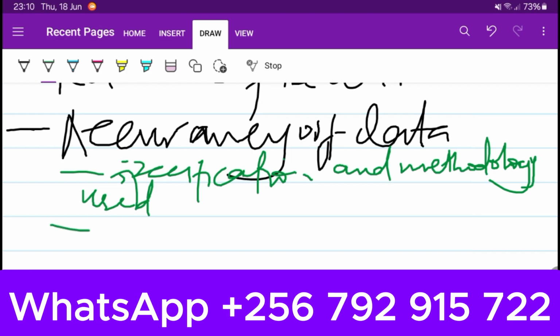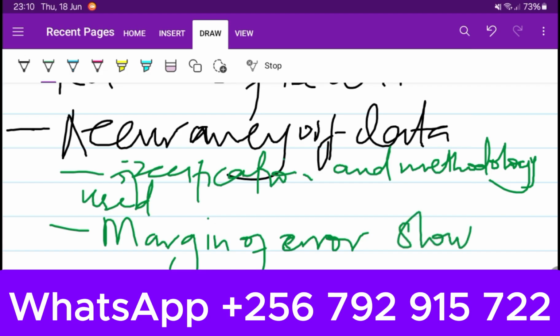Then the other one is what we call the margin of error. The margin of error should be examined.